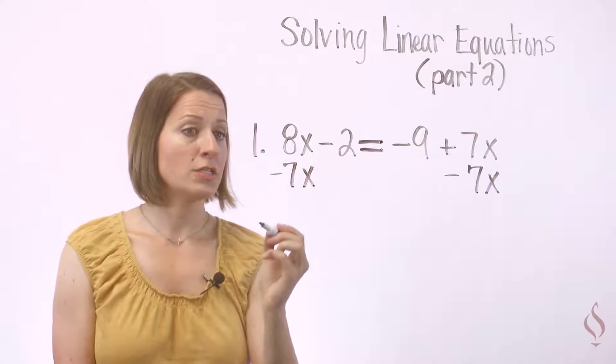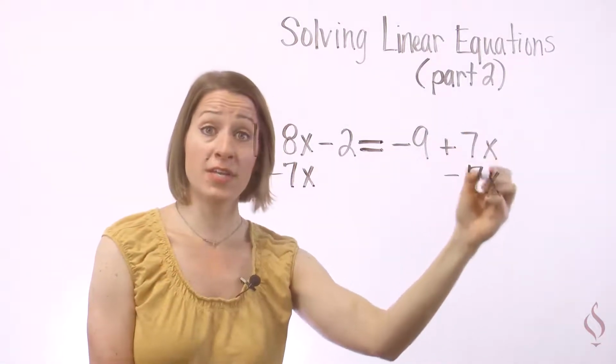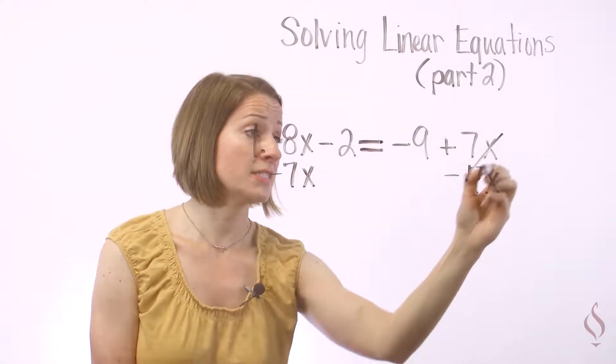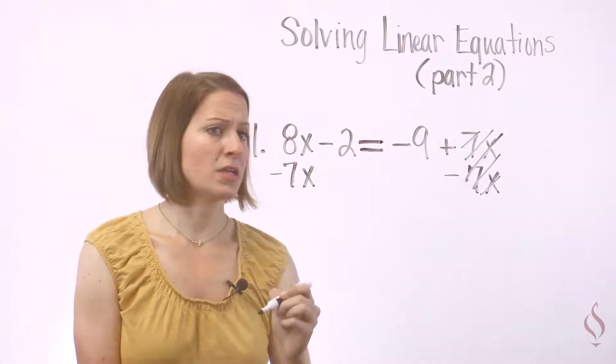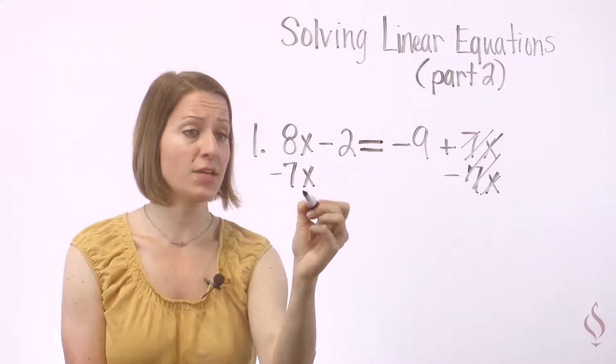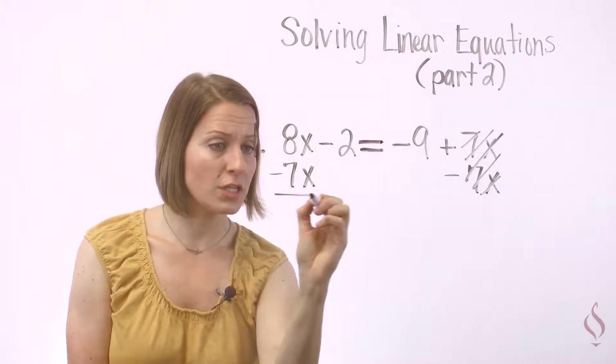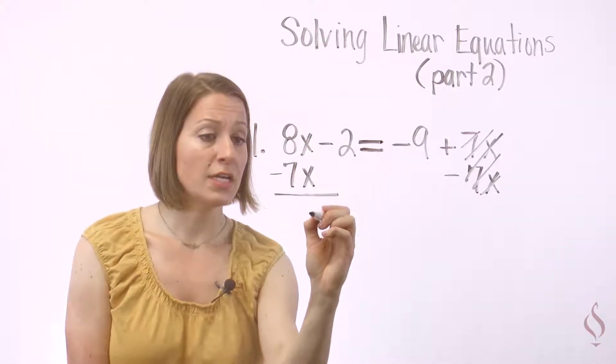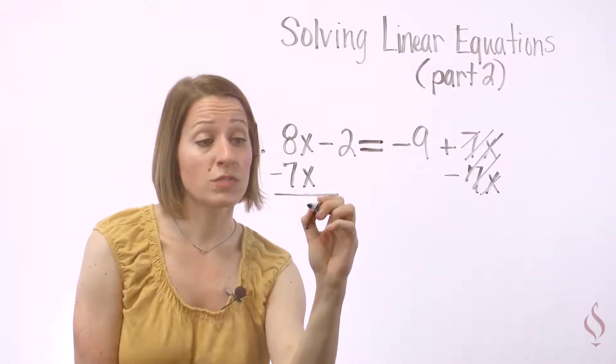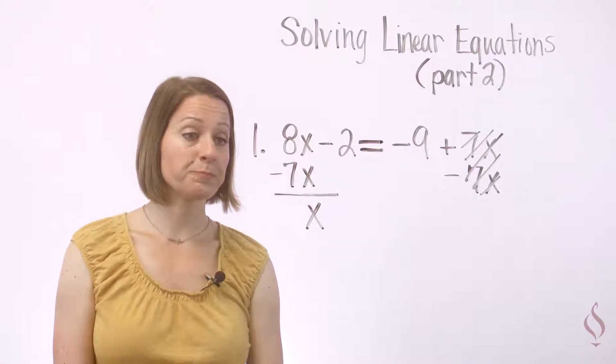Right now the 7x minus 7x is zeroed out, it's gone. And then 8x take away 7x, just going to draw a little total line right there, is just 1x, which you can just write as x.